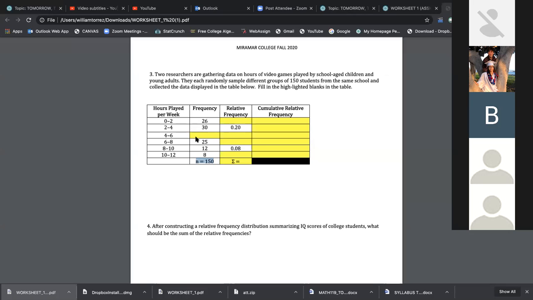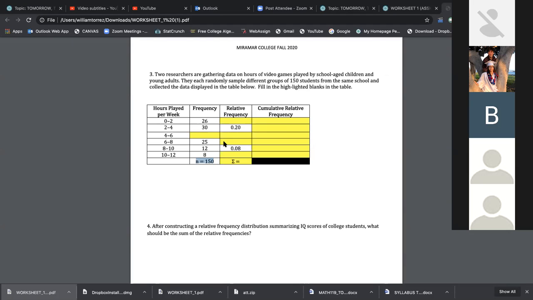And what about this third class? We said that the frequency was 49. So now if we divide 49 by 150, we'd get something very close to 1/3. Okay. And in fact, if you round that to 3 places, 49 divided by 150 is equal to 0.327.